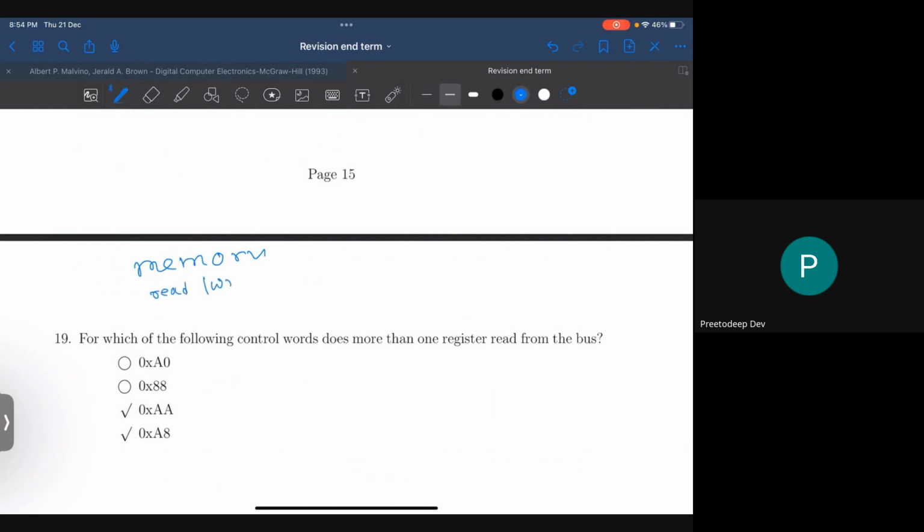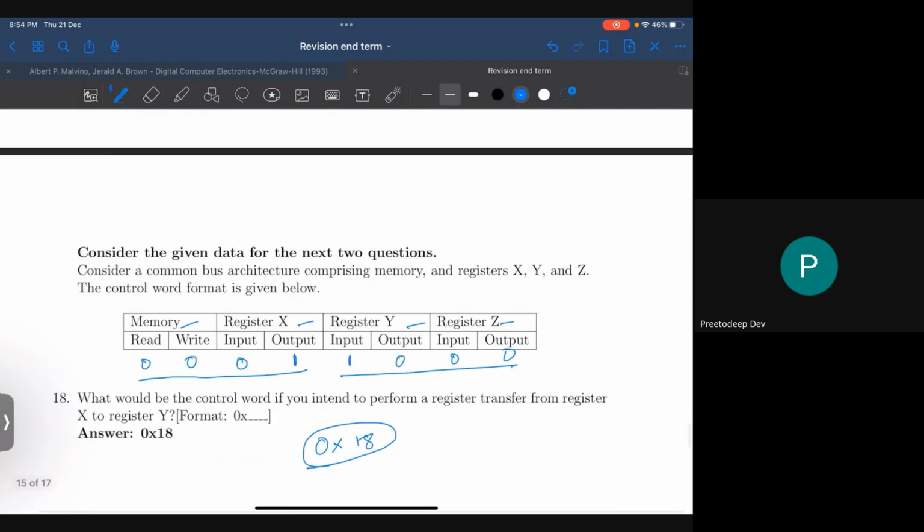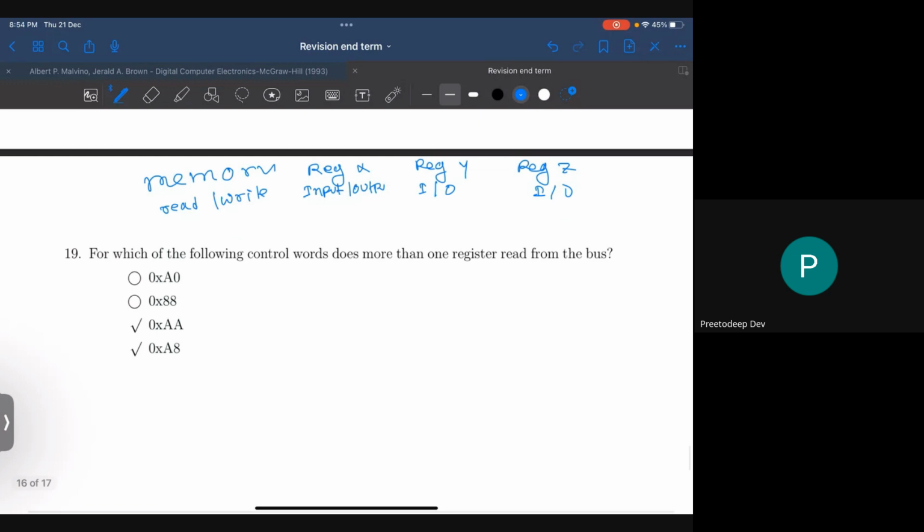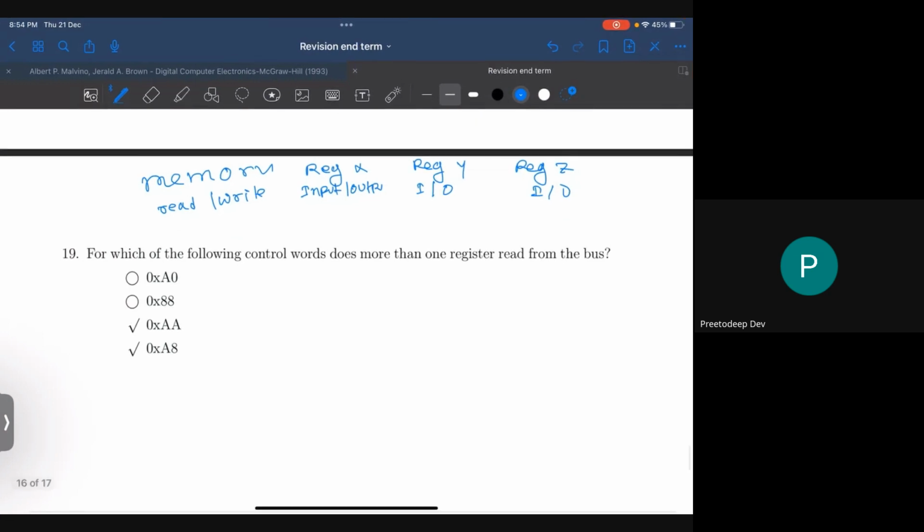Read, then write. Memory, register X, register Y, register Z, each with input and output. So 0xA0: what will be the value of A?